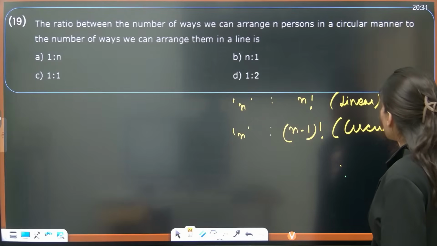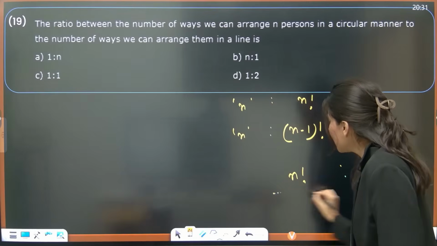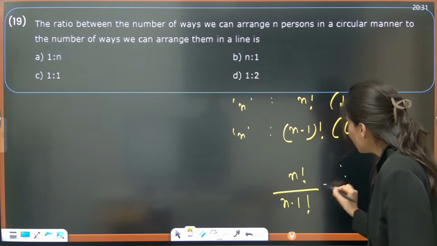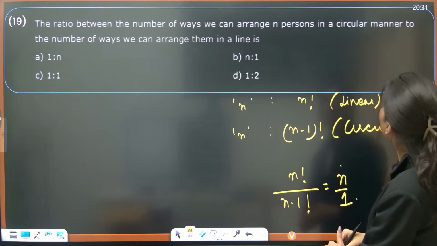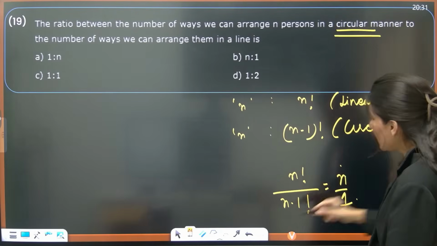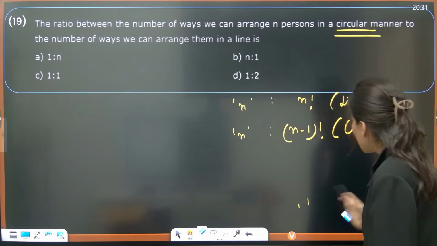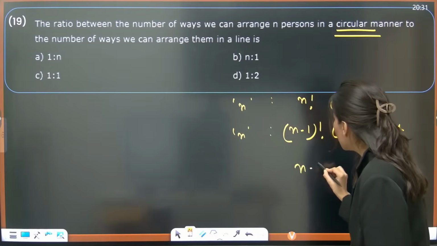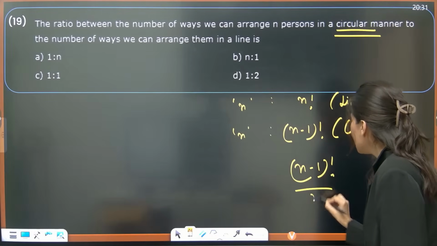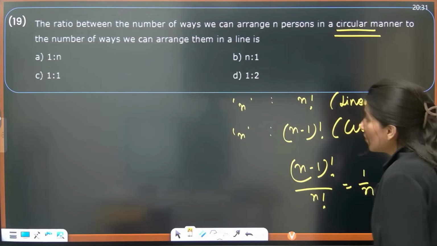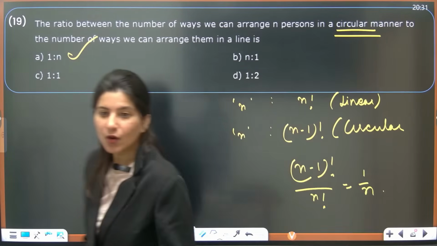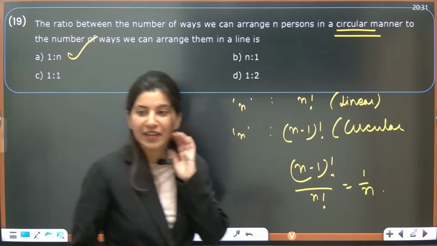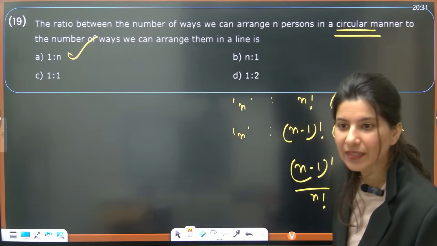Now they are talking about the ratio, so n factorial upon n minus 1 factorial will be just n upon 1. So that is linear by circular, but they are talking about circular by linear. Circular by linear means circular will come in the numerator and linear in the denominator, so the answer will be 1 by n. Option A is absolutely right.